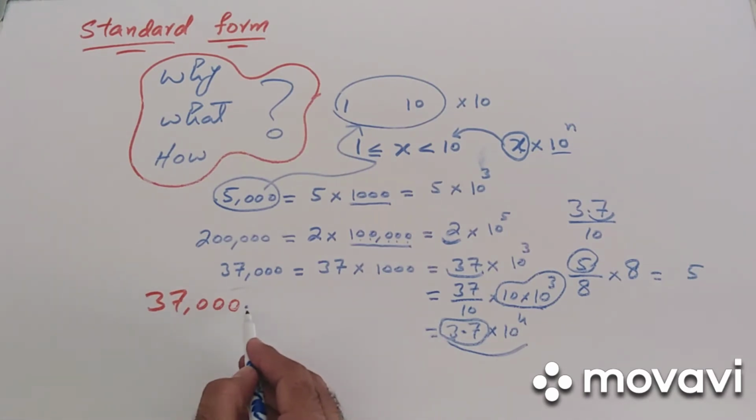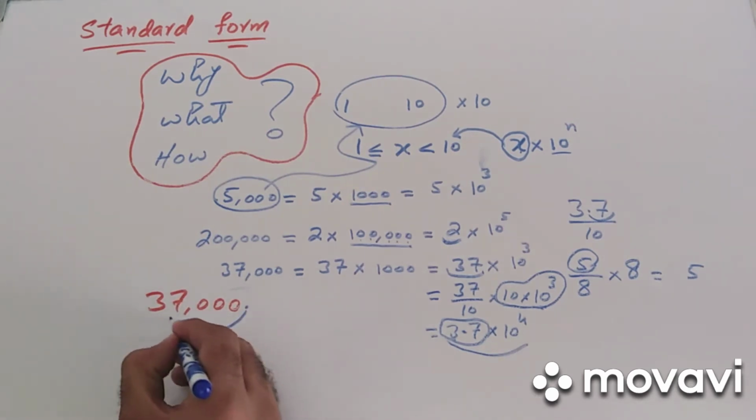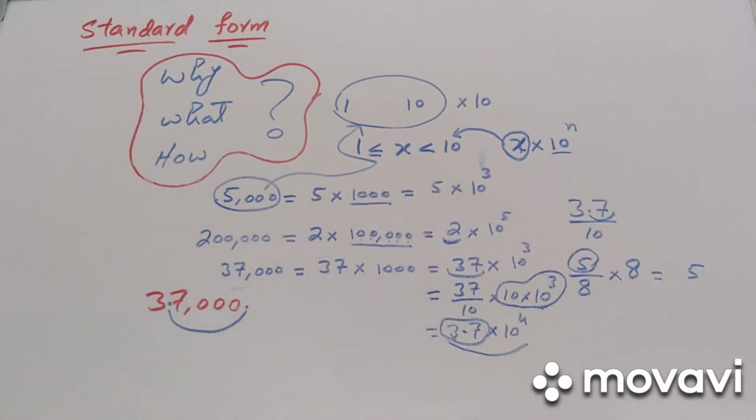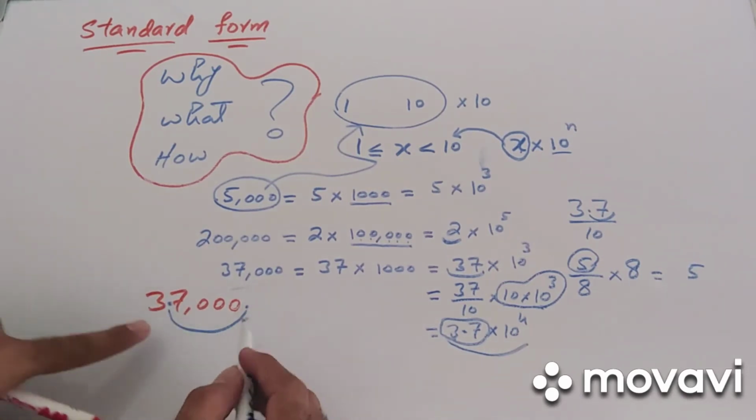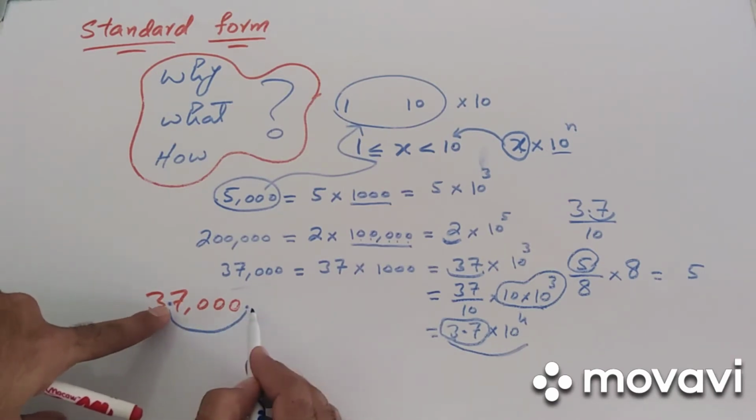And in the answer you have to make it smaller because that's bigger than 10, so you have to keep it between 1 and 10, meaning you have to bring the decimal all the way there. So you can check, if you bring the decimal all the way here, how many steps you have to move.